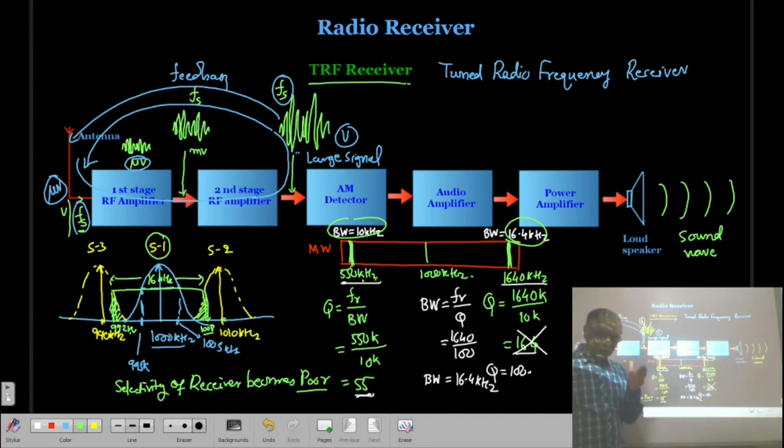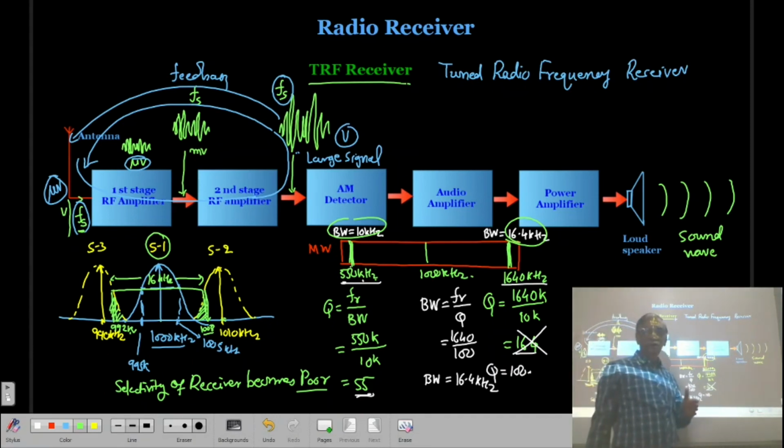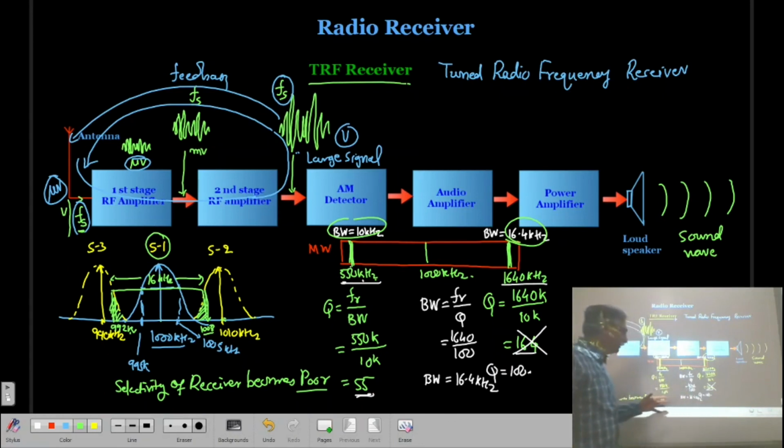That's why the stability of the amplifier will be decreased, it will be poor. Third one, the bandwidth of the radio receiver keeps changing as my tuning frequency is changed. And due to this change in the bandwidth, the selectivity of the receiver becomes poor.